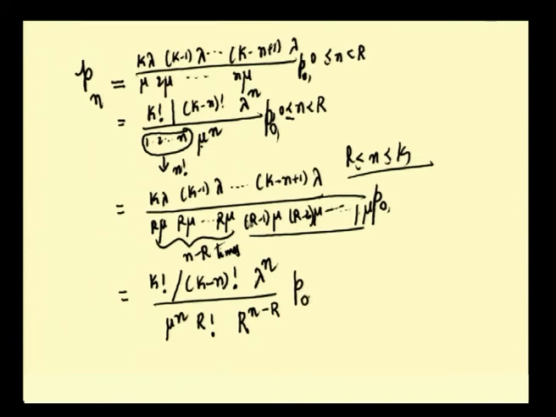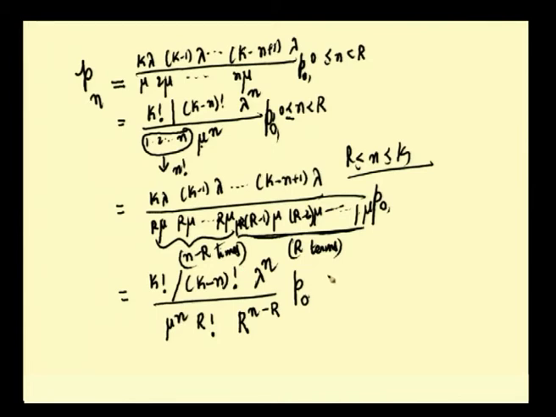So, mu 1, mu 2 and so on up to mu R accommodate those R terms, and the remaining n minus R terms will have R mu. I have written here R terms, and here n minus R times.